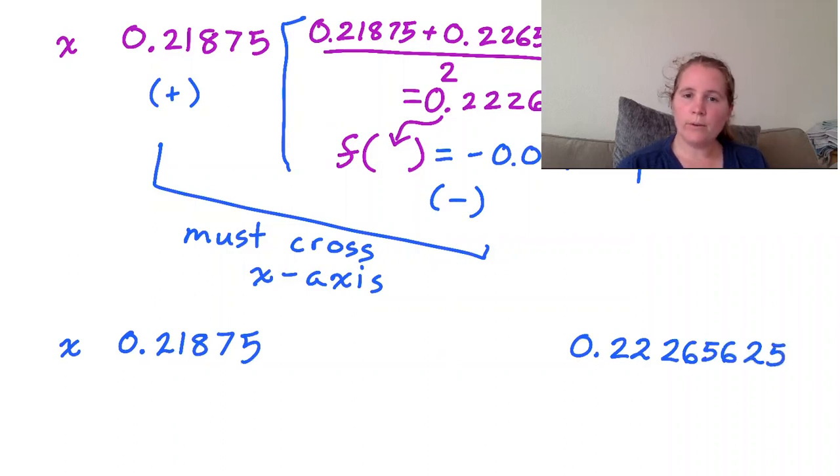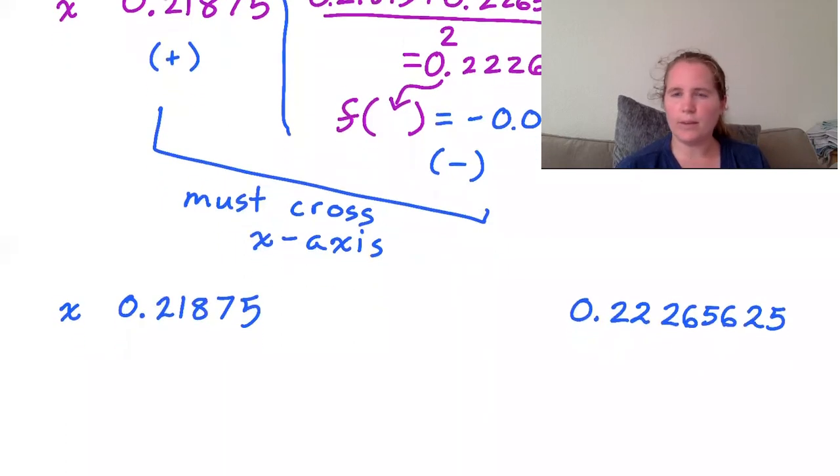And we know that our root lands somewhere between these. I still only have one decimal place at this point, right? Our left side is 0.21 versus 0.22. So we would have to keep going for a while to really narrow down further. I think I will stop here though. So the root is somewhere in here.